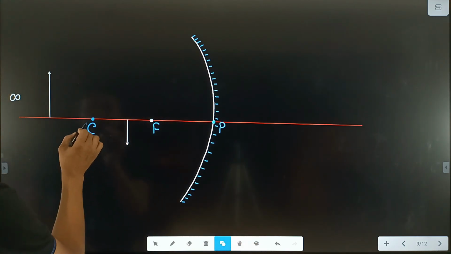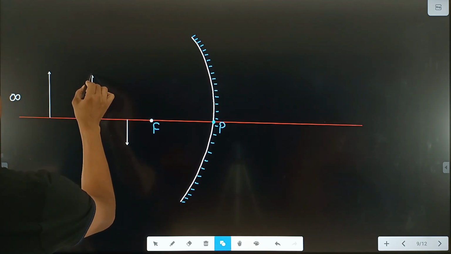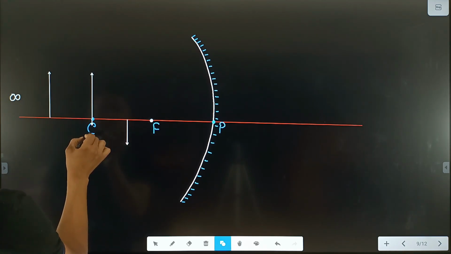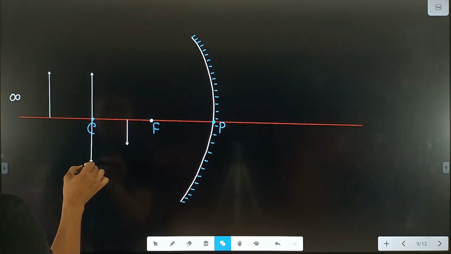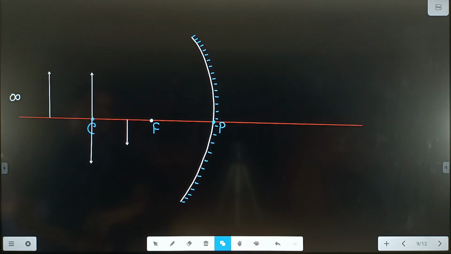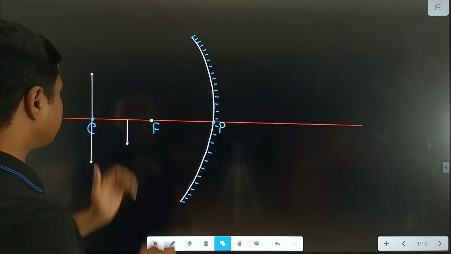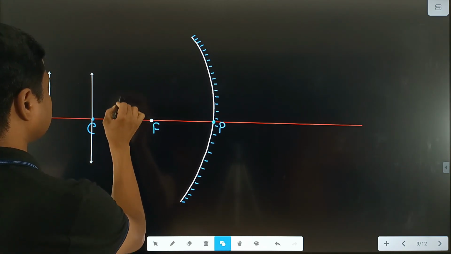If the object is situated at the center of curvature, then the image is formed at the center of curvature with the same size.